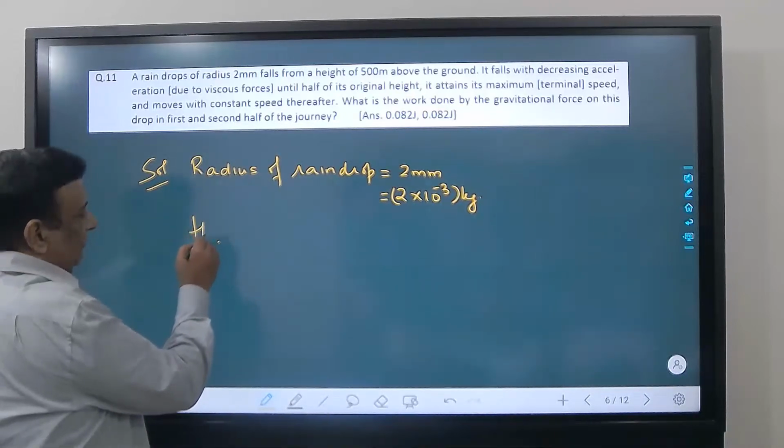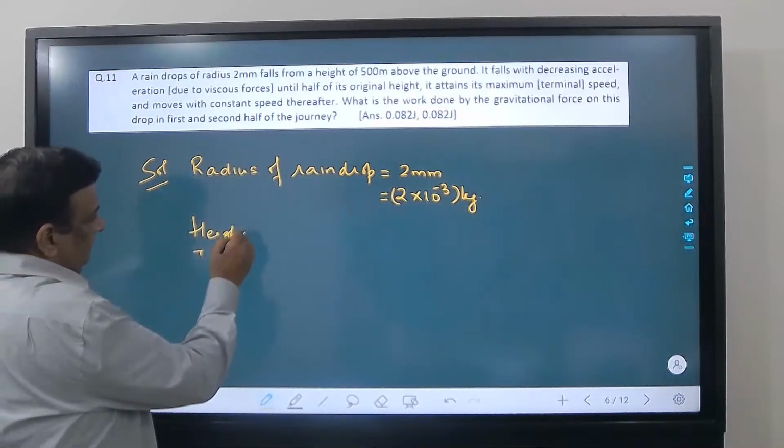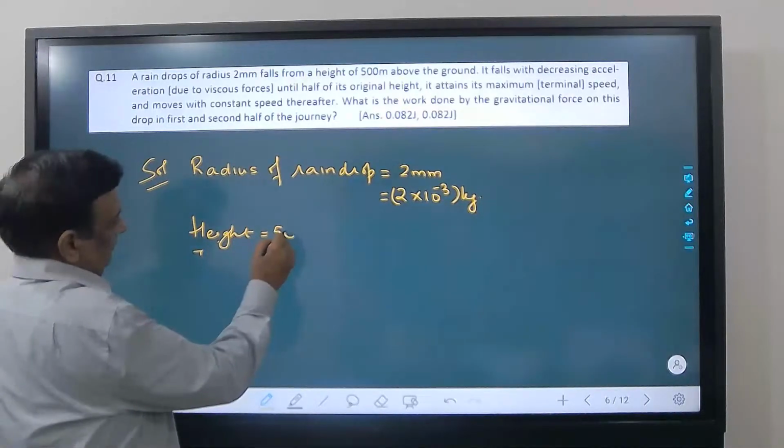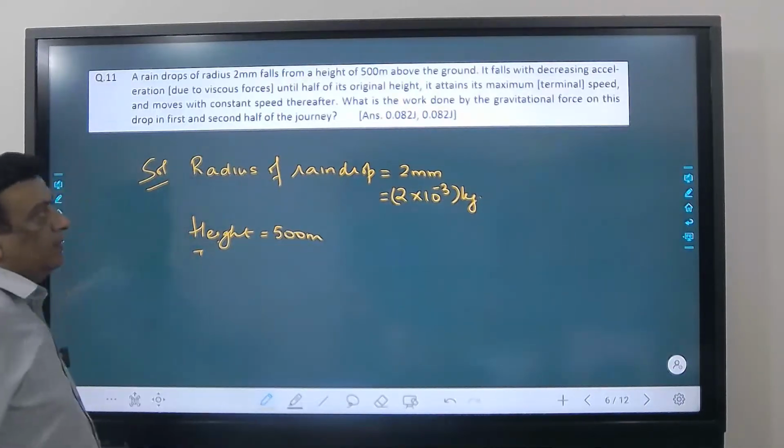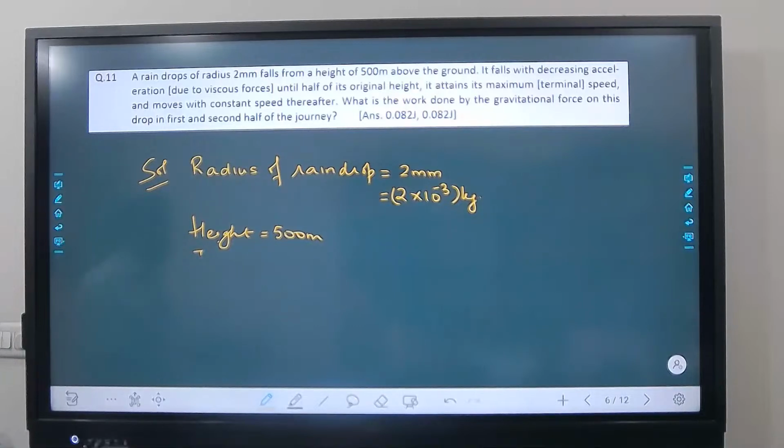Falls from a height of 500 meters. It falls with decreasing acceleration until half of its original height. You have to find the work done by gravitational force in first half and second half.